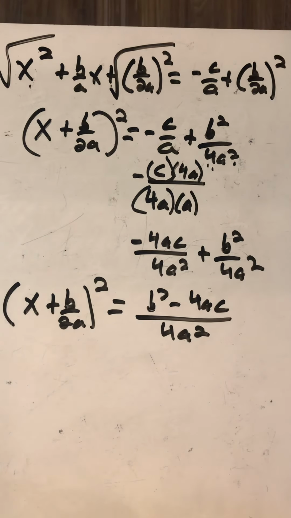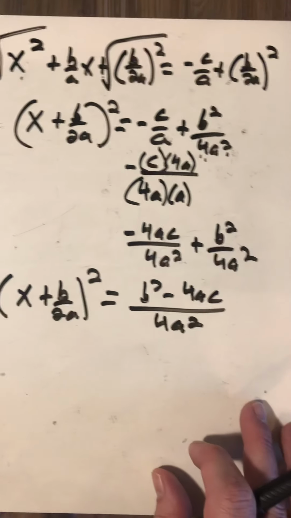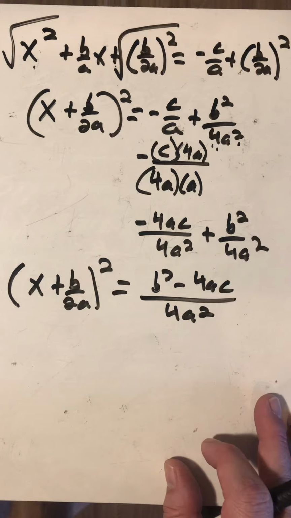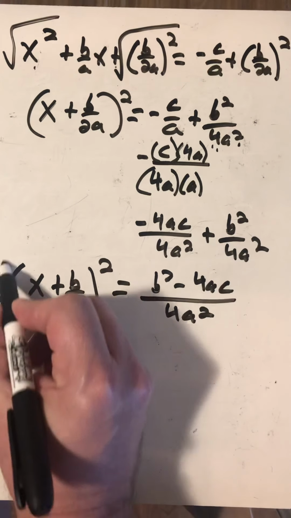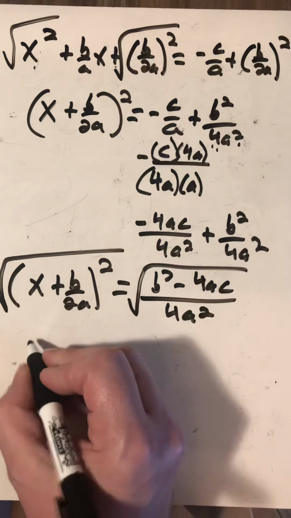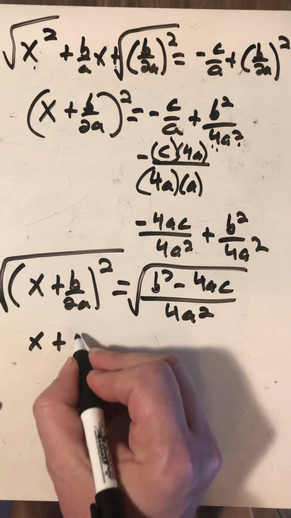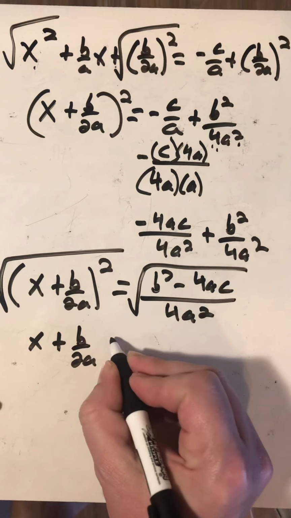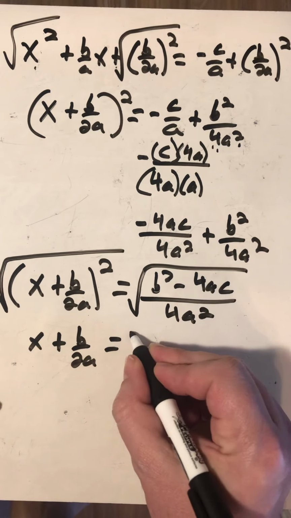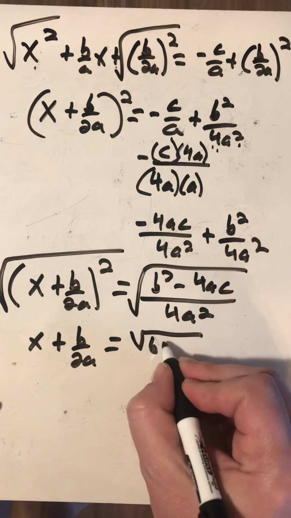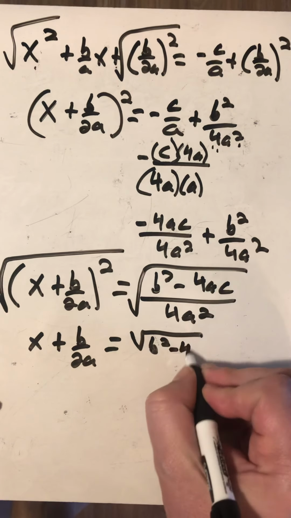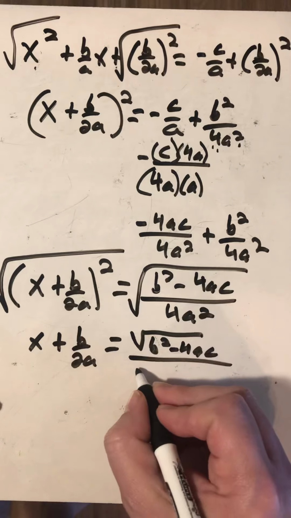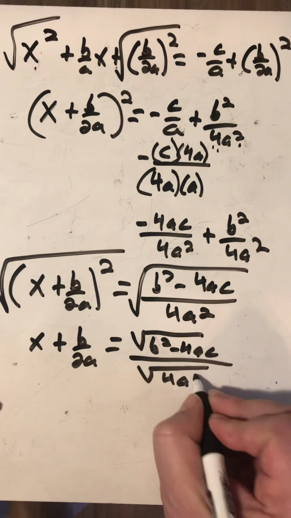We're getting much closer to finding the quadratic equation. The next thing I'm going to do is take the square root of both sides of my equation. So this is going to become x plus b over 2a equals, I can go ahead and do the top in a square root, b squared minus 4ac, and I can do the bottom in a square root, the square root of 4a squared.